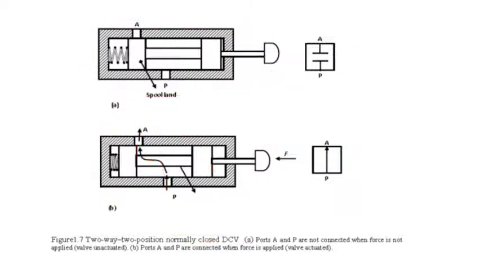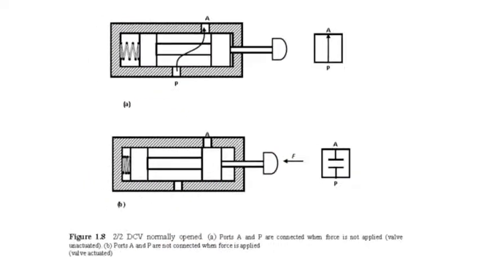When we go to another case, it is a normally open valve. Port P and port A are already connected without any external force. Once you apply the external force, the spool blocks the path, so there is no connection between port P and port A. This condition is satisfied here.